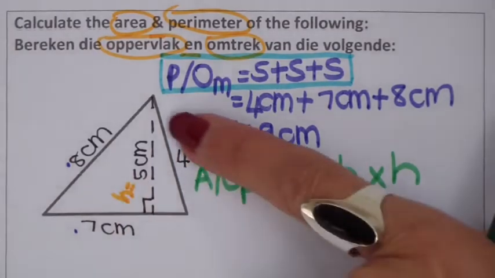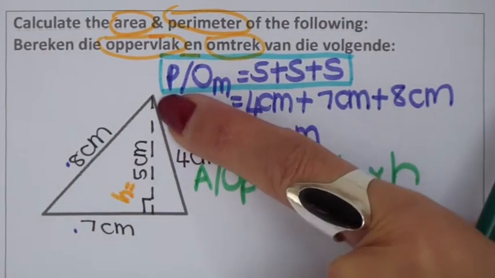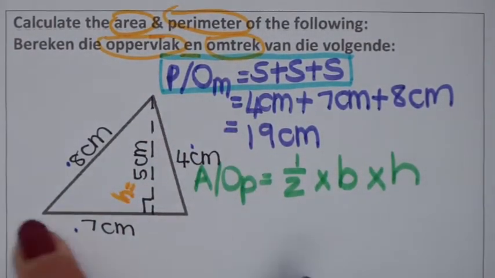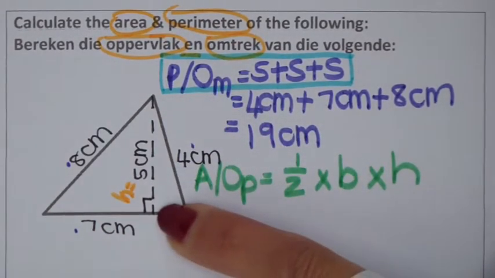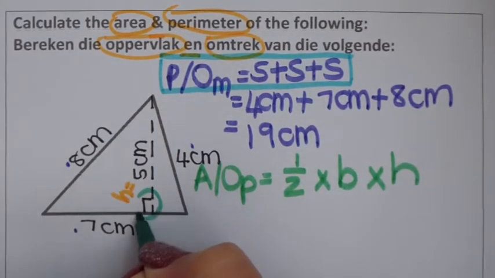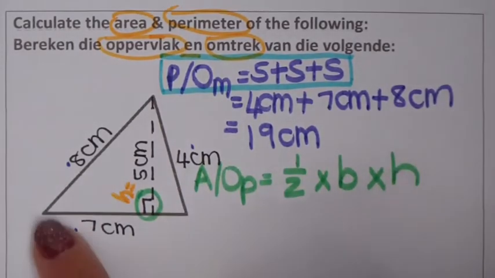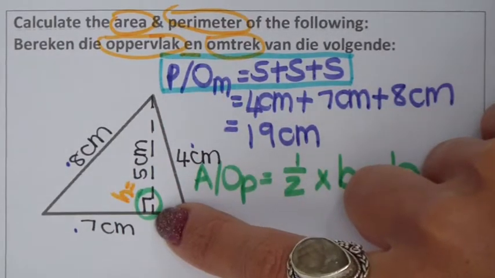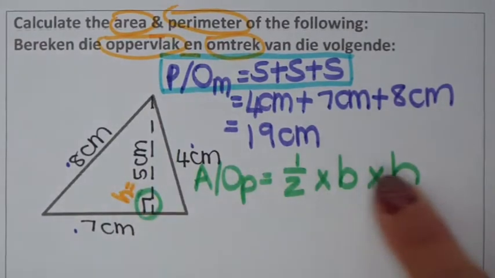It's the side on which the height forms a 90 degree. It's the other side, it's the side of the triangle with which the height forms a 90 degree angle. So when you find that 90 degree angle, you know that if it's the dotted line, for example, or if it shows you from the lowest to the highest point, that will be the height.